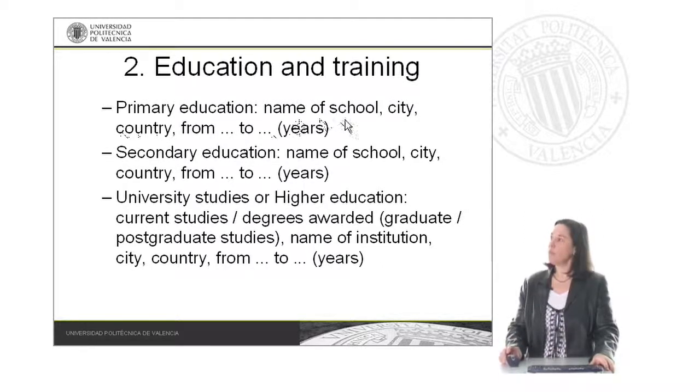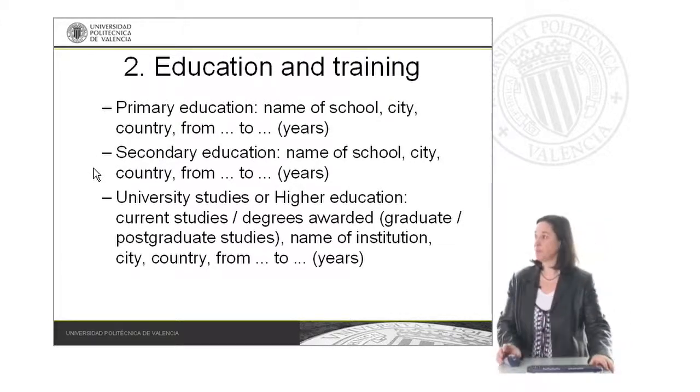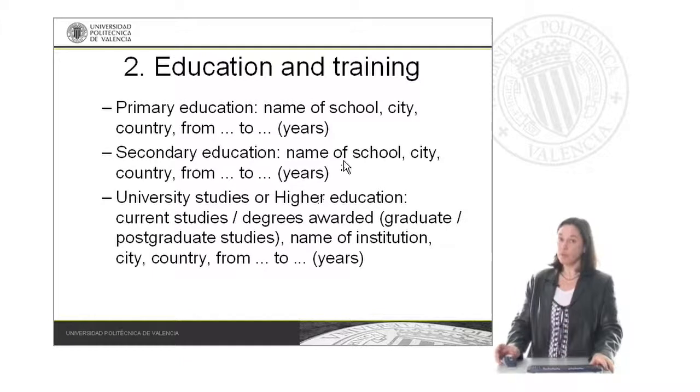And here we would have to write the name of the school, the city where the school was located, the country, and the years from year X to year Y. The same goes for our secondary education. The name of the school or the institute, the city, the country, and the years that you were at that school.